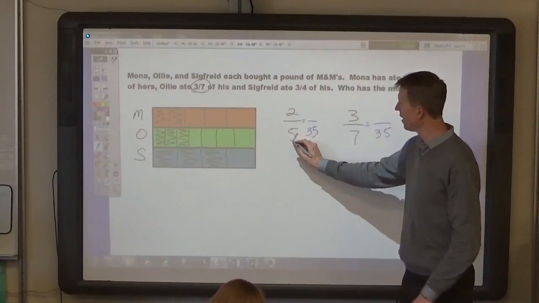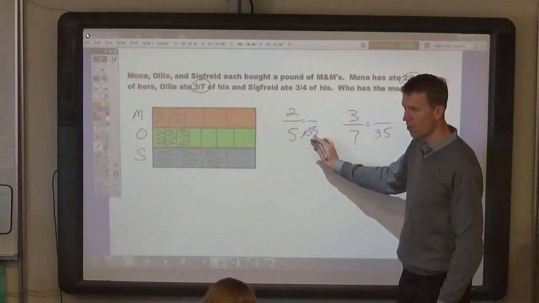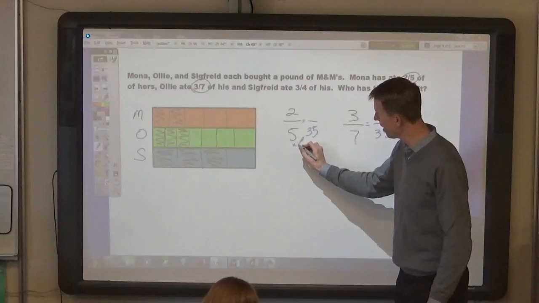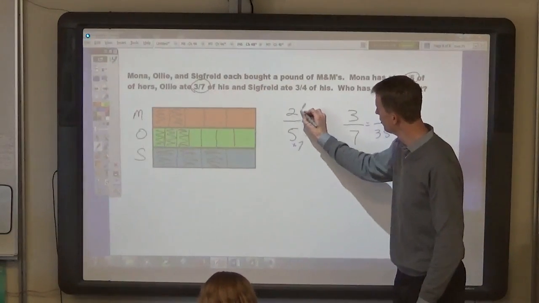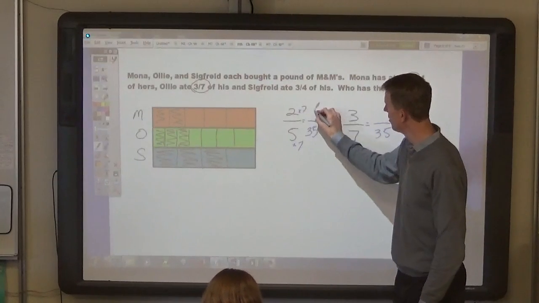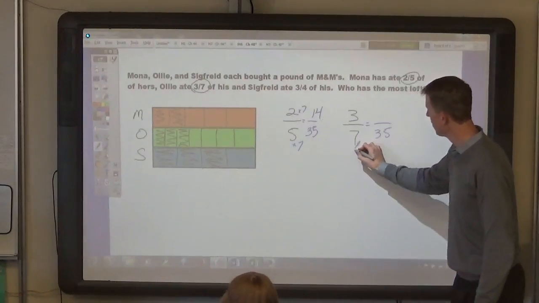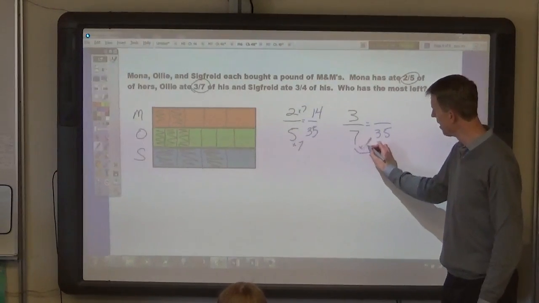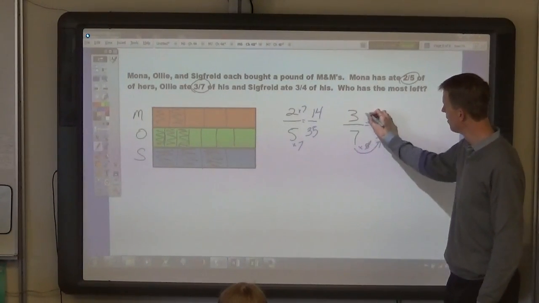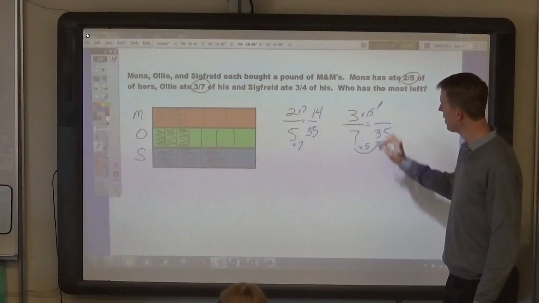So, in order to get 5 to 35, you have to multiply it by 7. So multiply this by 7. And in order to get from 7 to 35, you'd have to multiply it by 5. So let's multiply this by 5.